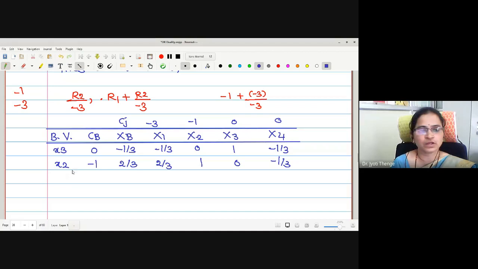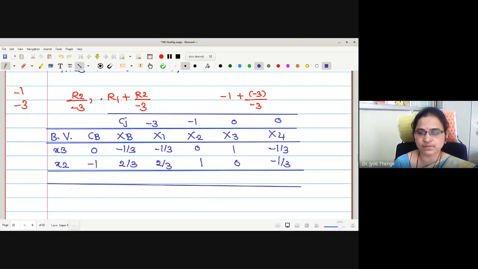Now check whether the solution is feasible again or not. If it is feasible, we will stop. Check whether the solution is feasible. No, it is not feasible yet, because all the entries in XB are not non-negative. This entry is still negative. Right?